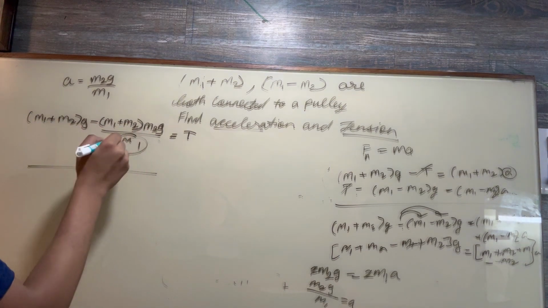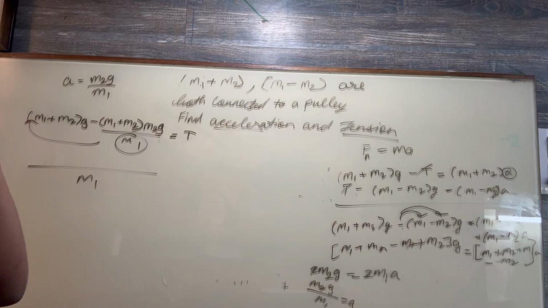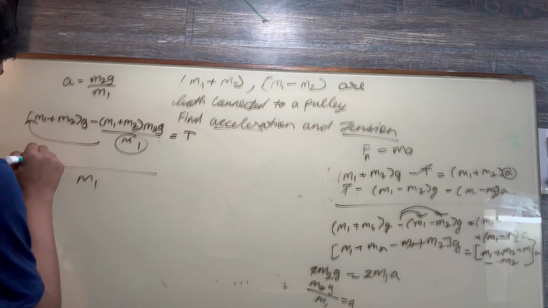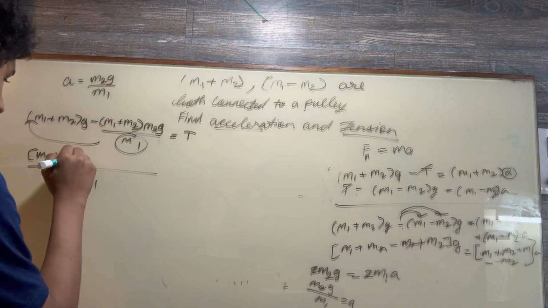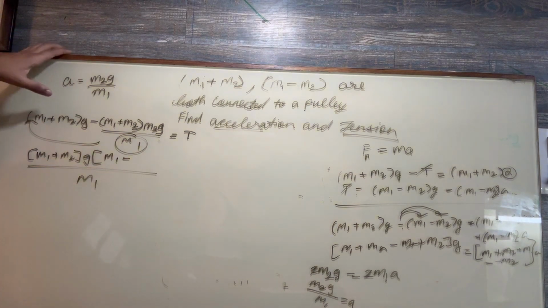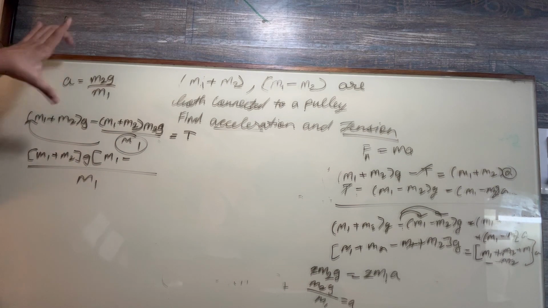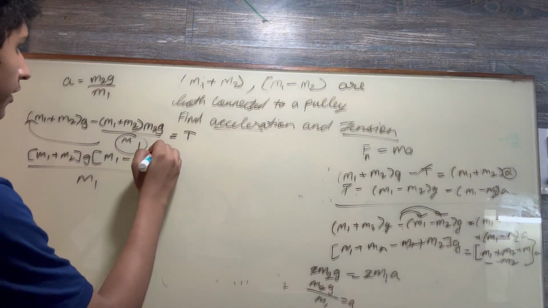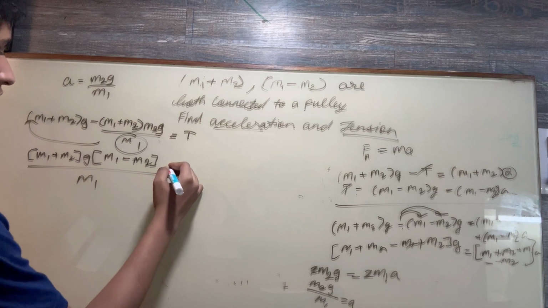So obviously we'll have to multiply m1 here. So if we take (m1 + m2)g common, we will get (m1 − m2), right? (m1 − m2) is equal to tension.